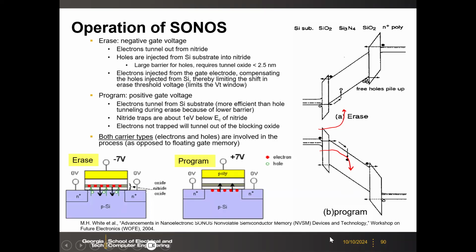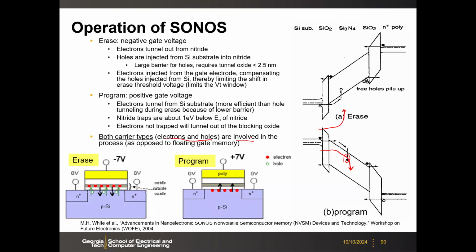So there are trap states in the nitride where the electrons will be stored. But one key difference here is that in the erase, both carrier types, electrons and holes, are involved. If you recall the floating gate before, mostly only electrons move in and move out.